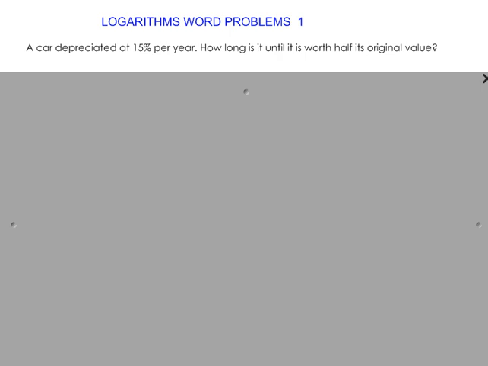So at the end of year 1, you're going to lose 15% of the original price. At the end of year 2, you are going to lose 15% of 85%, which was the price reduced by 15% at the end of year 1.